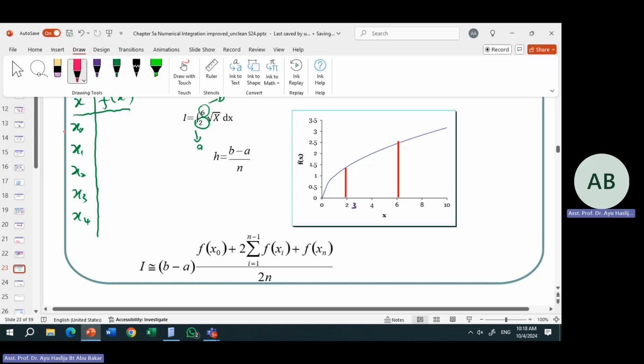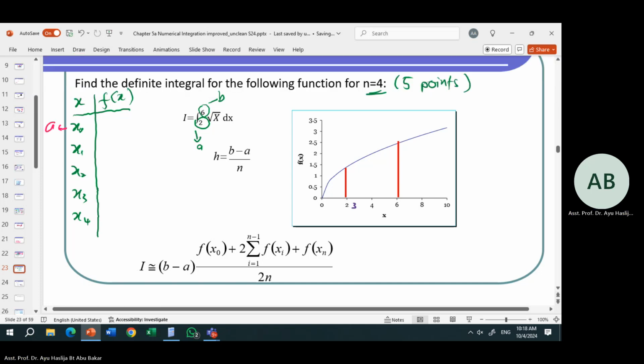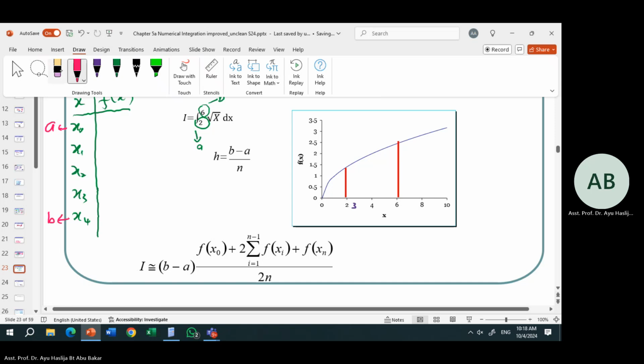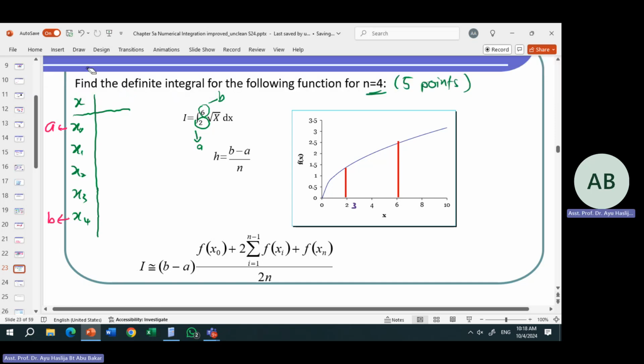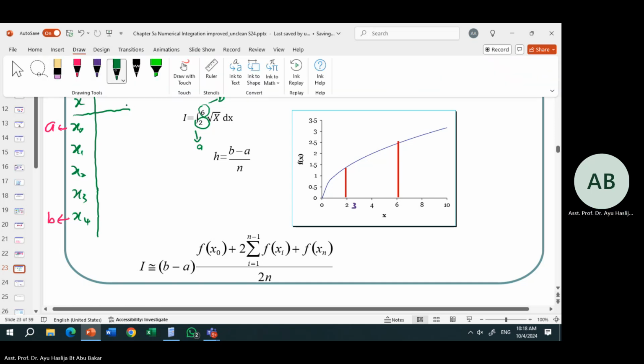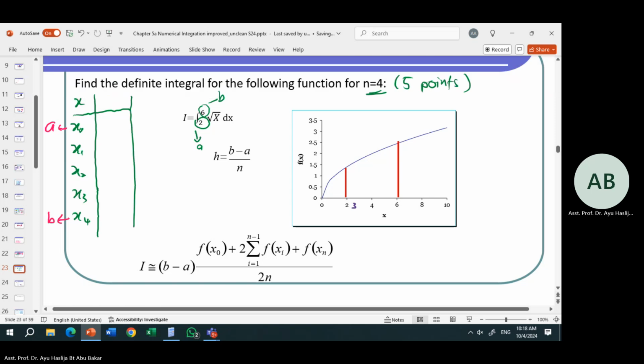X naught and the last point, okay, X naught is A, last point is B. Okay, we find the X value first. Now, A we know 2. X4, which is the B, final point will be 6.